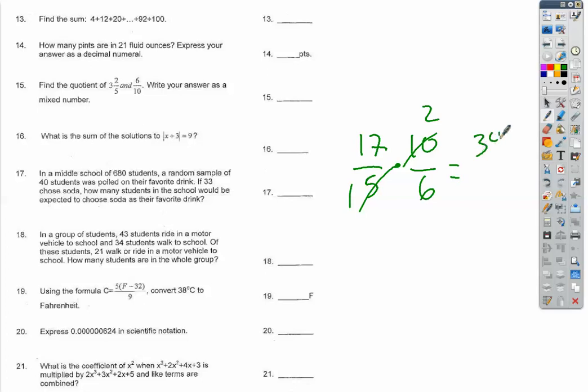So I have 34 over 6. Well, that is just 5, and so then what do I have left over? So I have 4 sixths, so it's equal to 5 and 2/3. And there you have it.